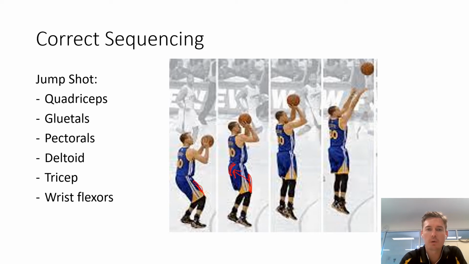Then it goes from our quads into our glutes, transfer of weight, into our pecs, and then, using the correct sequence for summation of forces, into our deltoids, our triceps, and then finally our wrist flexor. So that's the correct sequence.